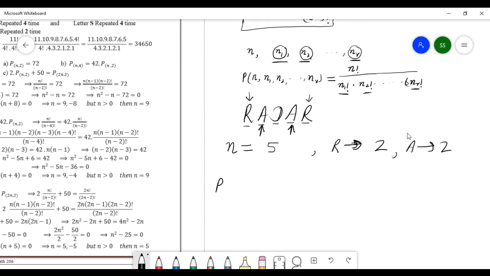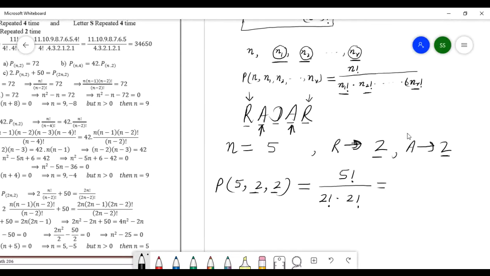So how do we write the permutation? The number of permutations P, with n being 5 here, and 2 repeated, and 2 repeated here. How do we write this? Here factorial 5, and at the bottom the repeated ones: 2 factorial and 2 factorial.